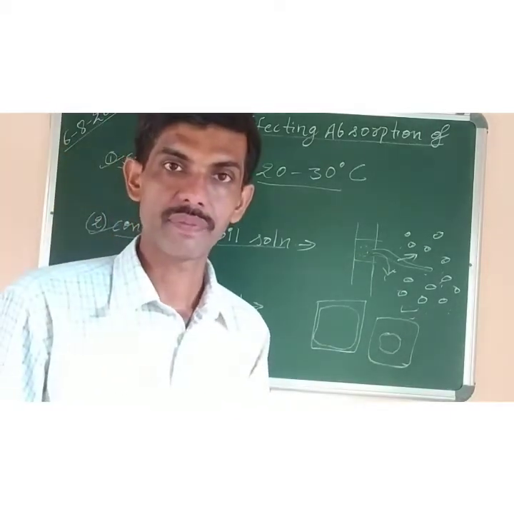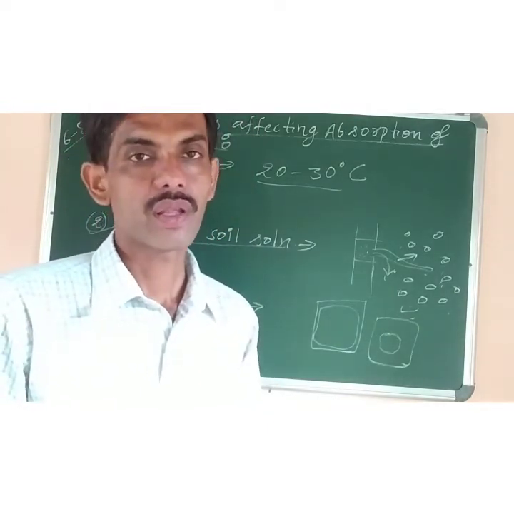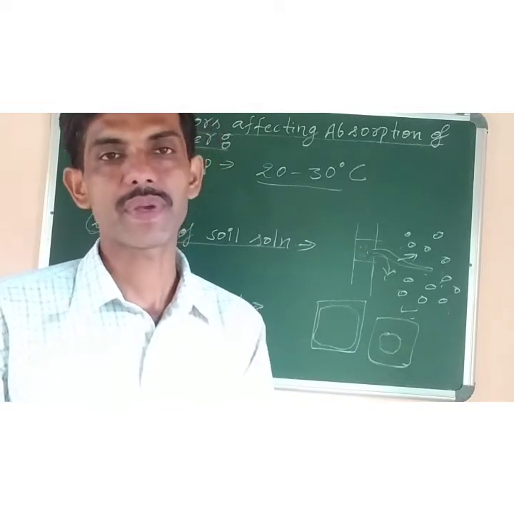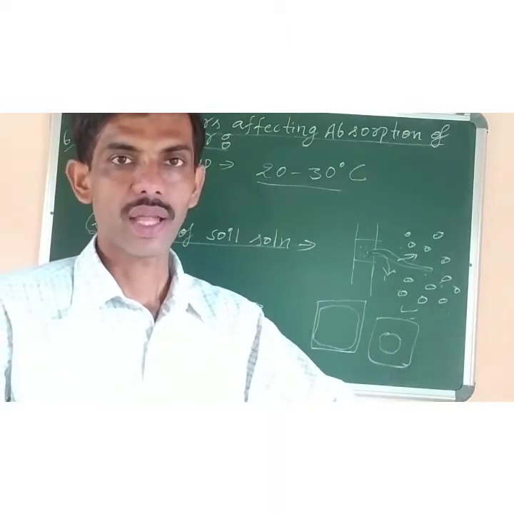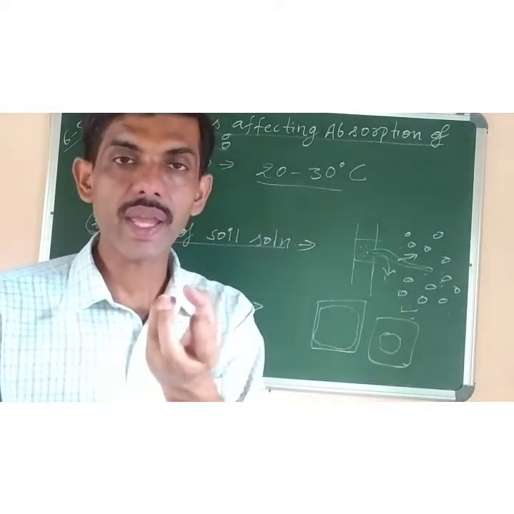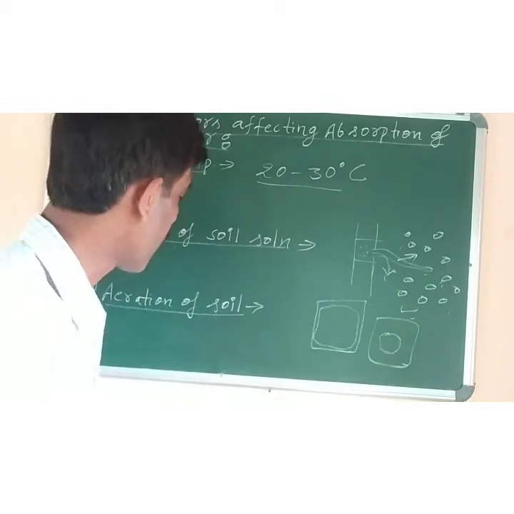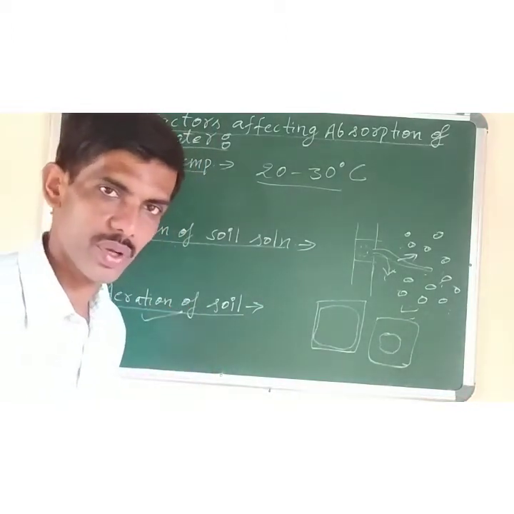So if you till the soil and then give water to the soil, the water absorption capacity will increase. But if you leave the land like this only and then try to put water into it, the water holding capacity will decrease. So well aerated soil helps to increase the rate of absorption of water.